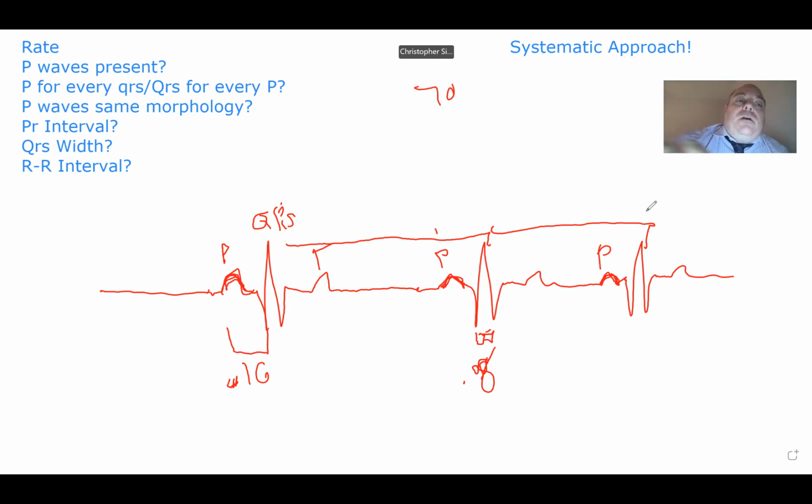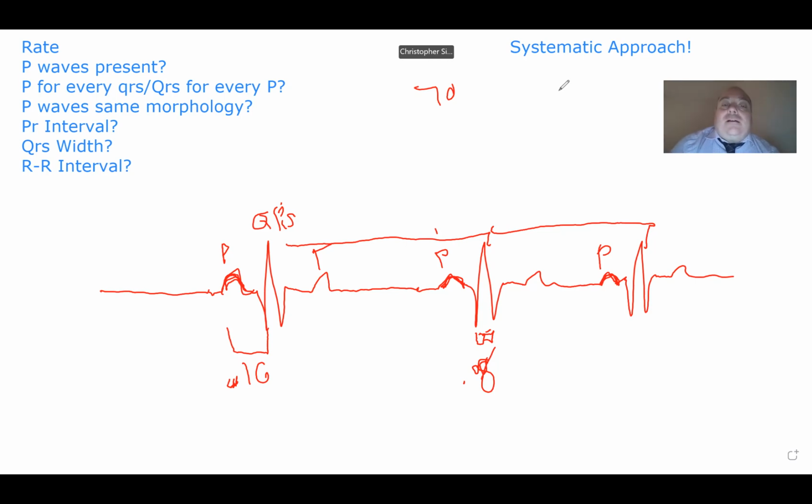P waves are present. P for every QRS, QRS for every P, yep. P waves are upright. P waves have the same morphology, yes. PR interval is going to be normal. QRS width is going to be narrow. And the R to R interval is going to be regular.